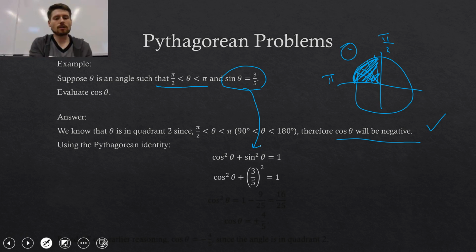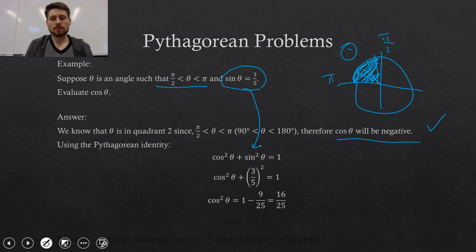This tells us cosine squared of theta plus (3/5) squared is equal to 1. Now we have one equation that has cosine in it, an unknown, and just numbers. We can solve this. We square 3 over 5, which gives us 9/25.